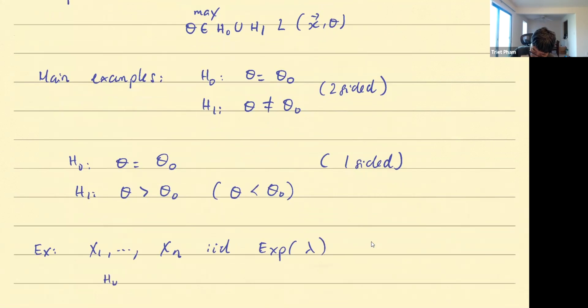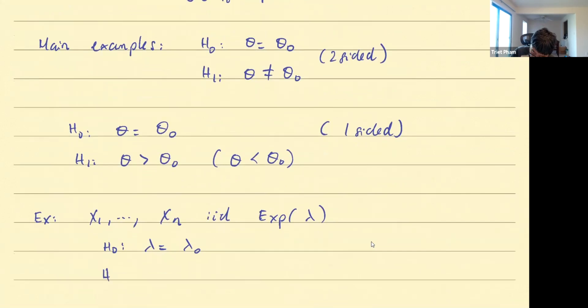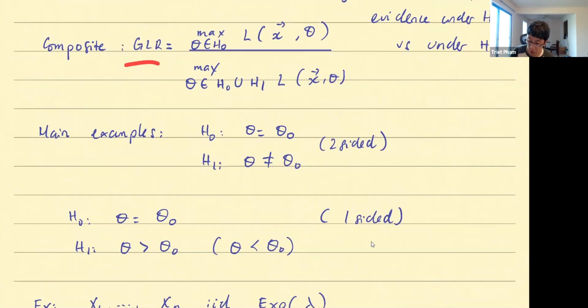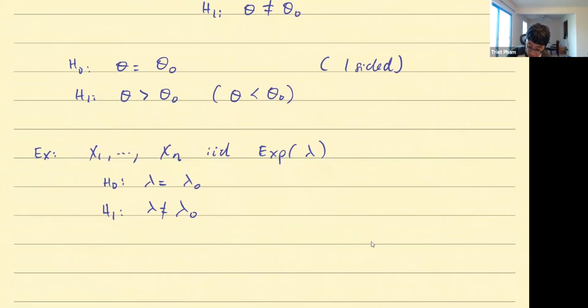Our null hypothesis is lambda equals lambda 0, and our alternative is lambda not equal to lambda 0, for some given lambda 0, like 1 or 2. Let me show you what the generalized likelihood ratio looks like under this example, and then we'll continue with our remarks.